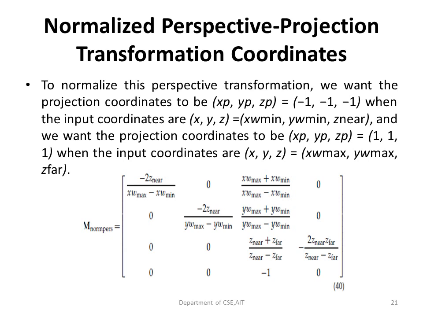And the input coordinates x, y, z are given as xw min, yw min and z near. That means the minimum point of the clipping window. And we want the projection coordinates xp, yp and zp to be 1, 1 and 1 when the input coordinates x, y, z are equal to xw max, yw max and z far.